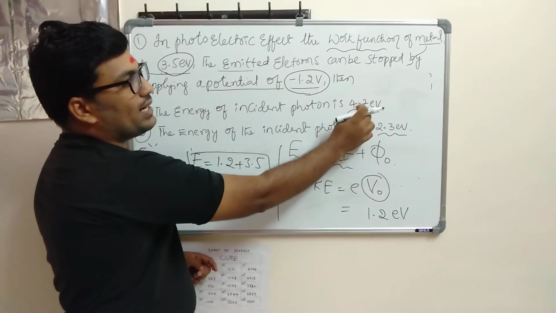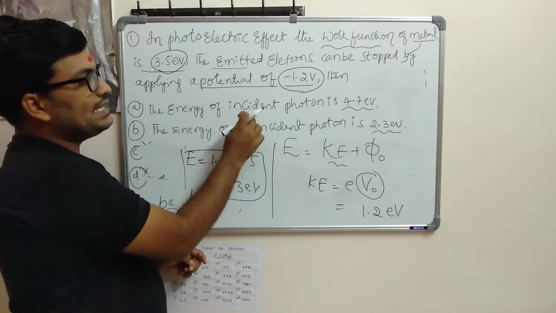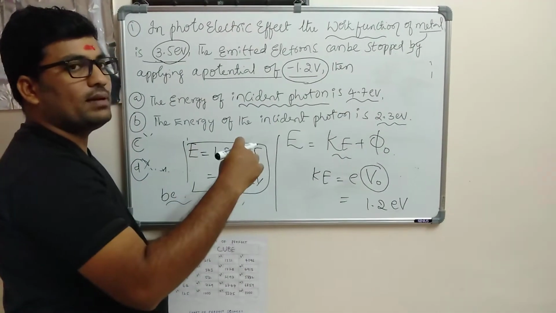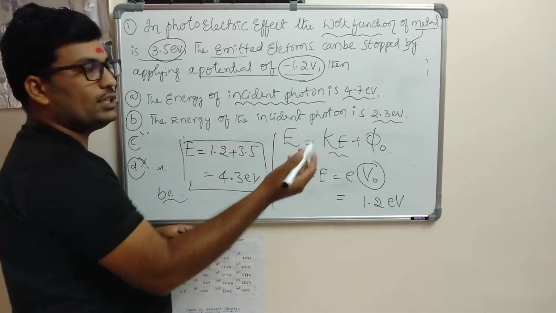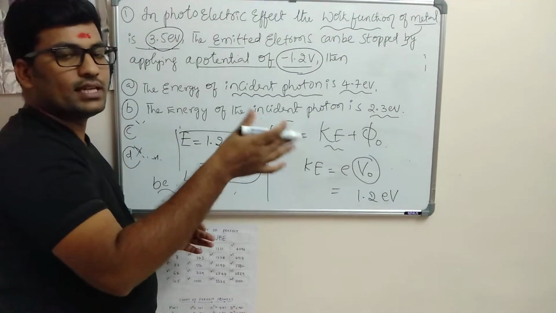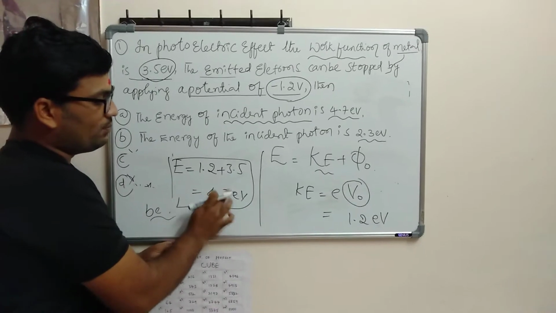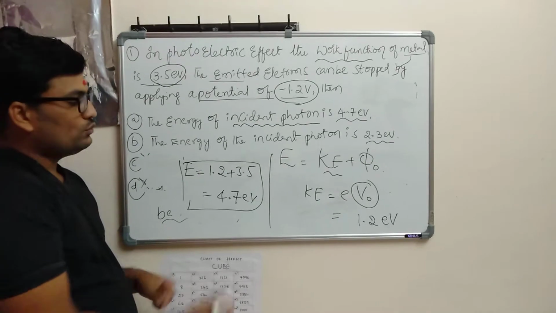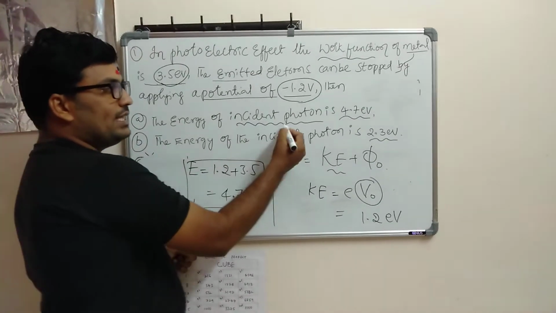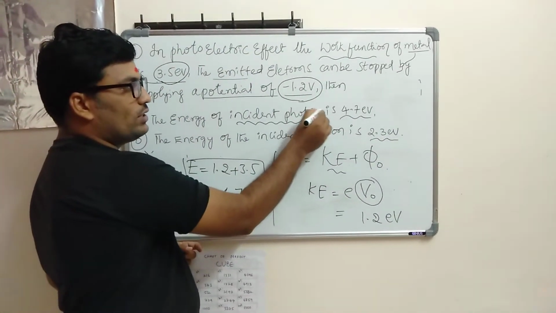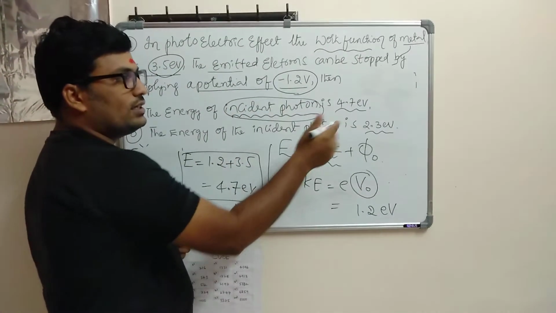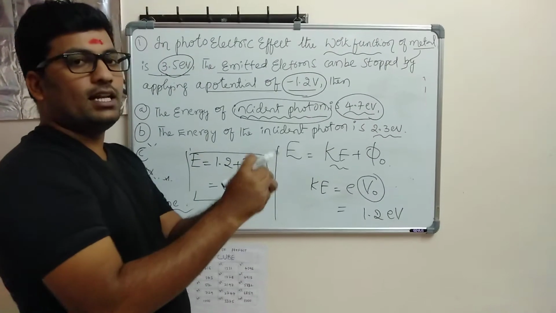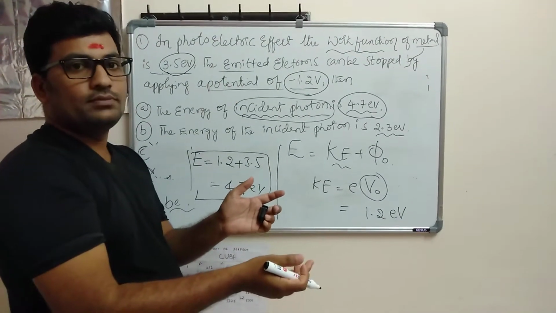Incident photon is nothing but the light you are supplying, impinging on the cathode. Sorry, this is not 4.3, it will be 4.7 electron volt. So if you supply a photon of 4.7 electron volt to the cathode, definitely electrons will be liberated from the cathode.